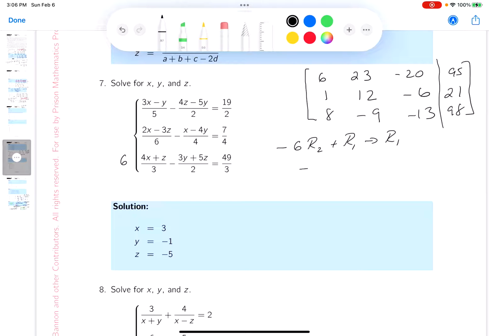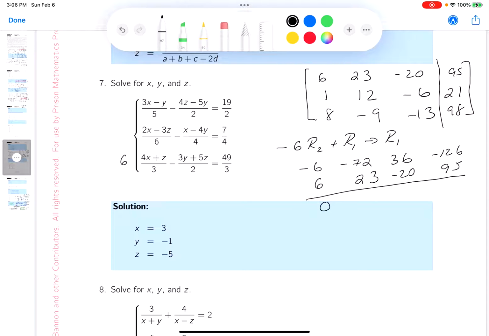So it's going to be minus 6, minus 72, 36, and minus 6 times 21 is minus 126. And row 1 is 6, that's the whole point of it, it disappears, 23, minus 20, and 95. Put a line there to remind you what we're doing, we're adding them together.